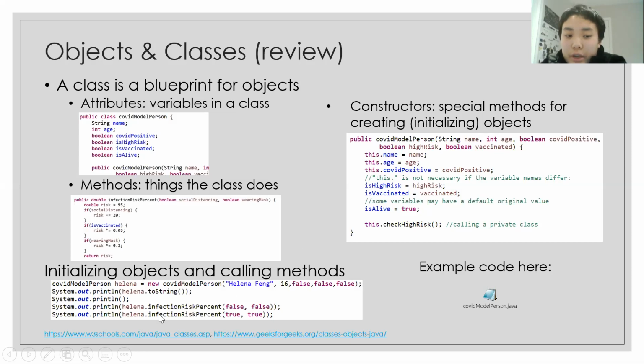And when you're trying to initialize an object over here in your main or wherever else, you would have to call this constructor and pass in these arguments. Here we have you passing in a name, an age, and 3 Boolean values that are saved here. And again, example code is there, and you should be able to see that. And I'm going to switch really fast to my Eclipse workspace.